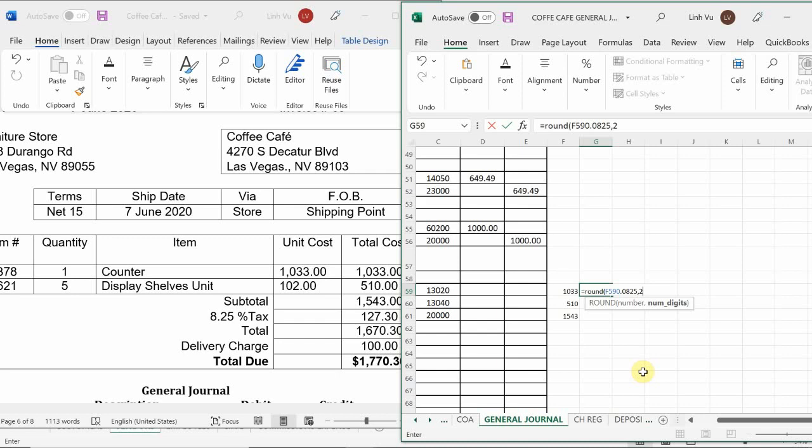How much tax is going to be on my counter?